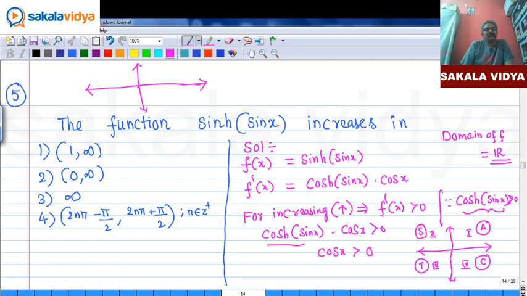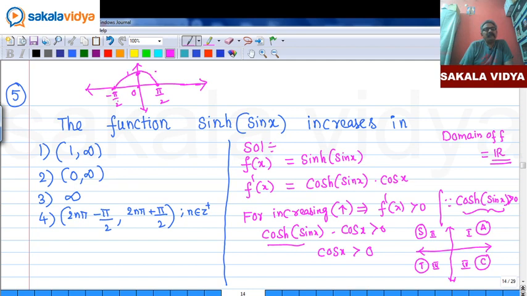Or if you draw the graph of cos x also, you see this is 0, this will be pi by 2, this will be minus pi by 2. Cos 0 is 1, cos pi by 2 is 0, cos minus pi by 2 is 0.